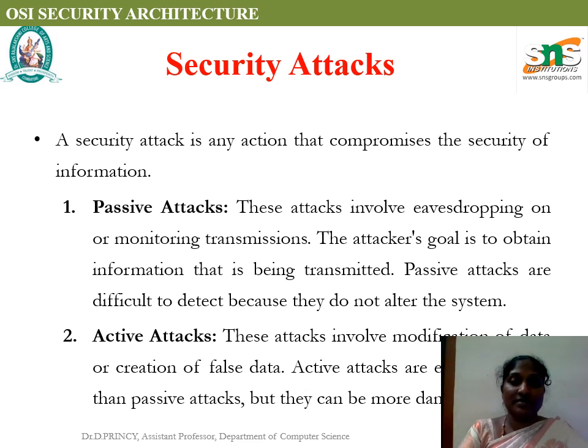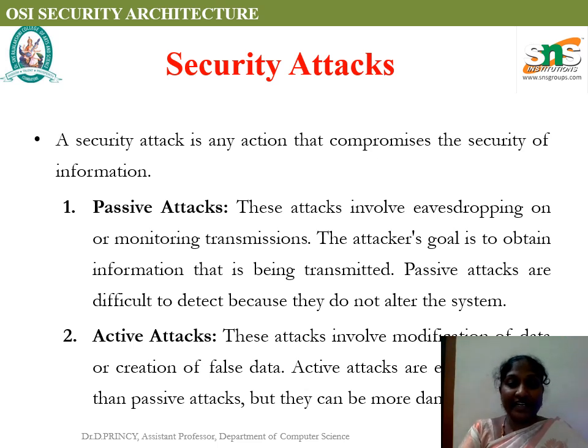The attacker's goal is just to obtain the information that is being transmitted. Because they only monitor the transmission, passive attacks are difficult to detect because they do not alter the system. It's just gathering the information which is being transmitted.